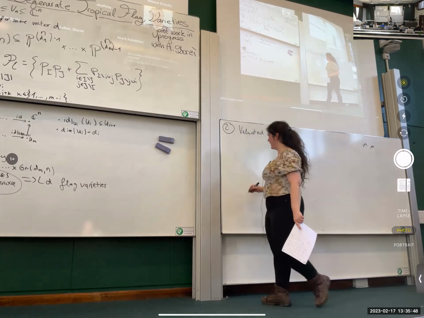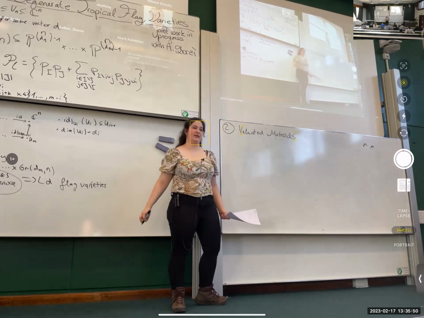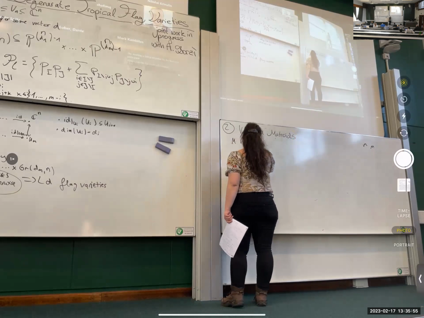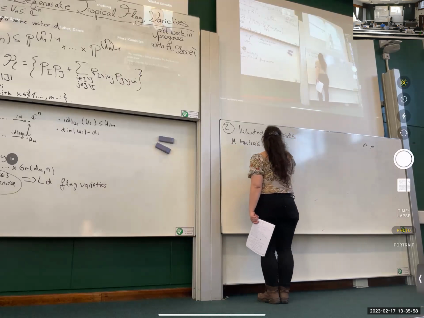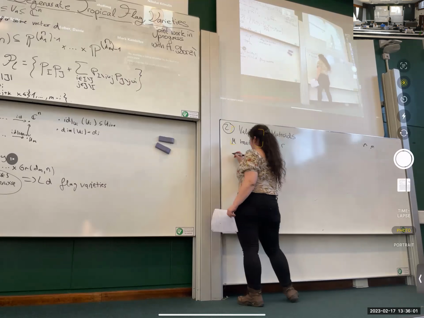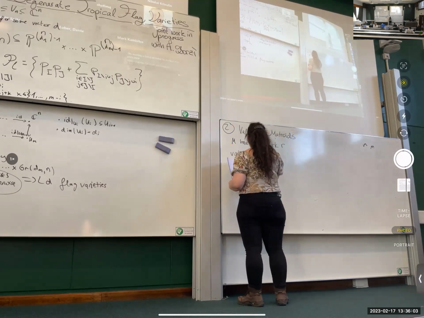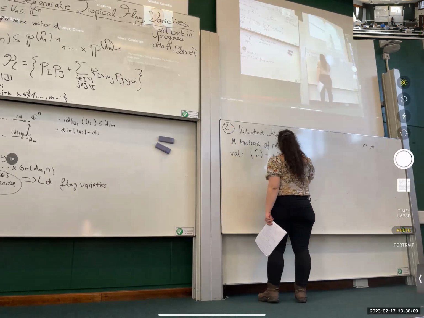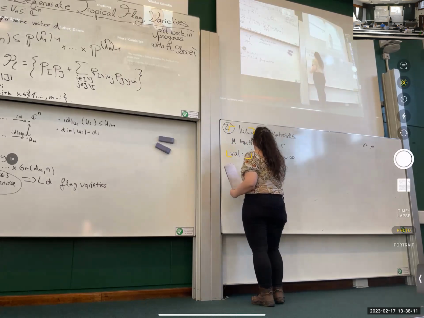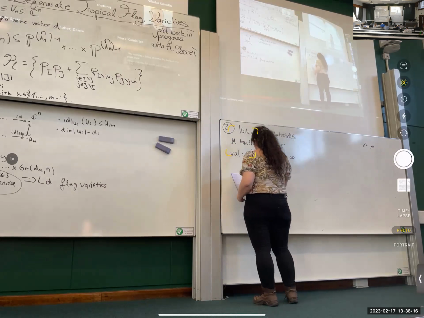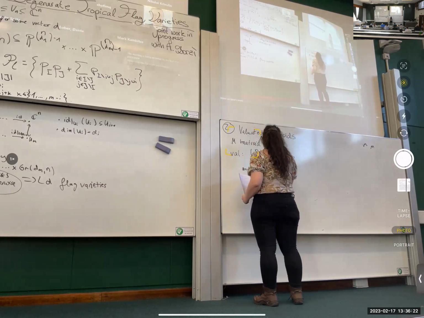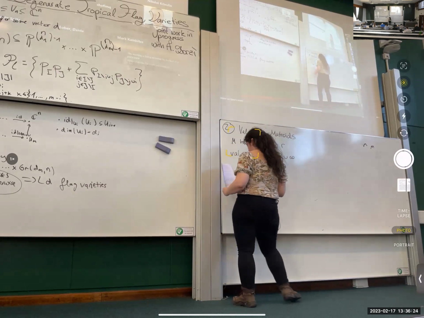Evaluated matroids are usual matroids with an evaluation function on them. So let M be a matroid of rank r. Then an evaluation function is a function from ([n] choose r) to R union infinity that sends non-bases to infinity, and for bases satisfies the following rule.